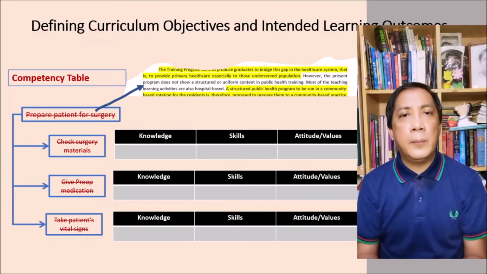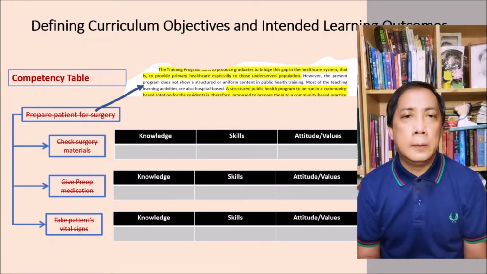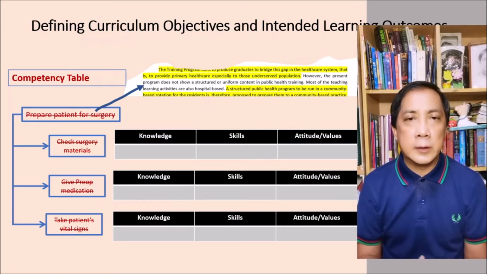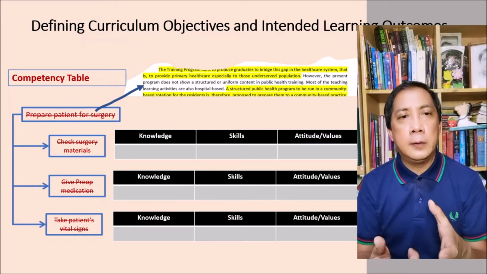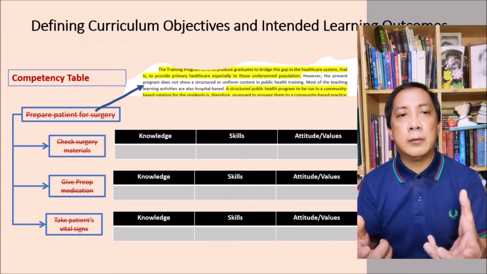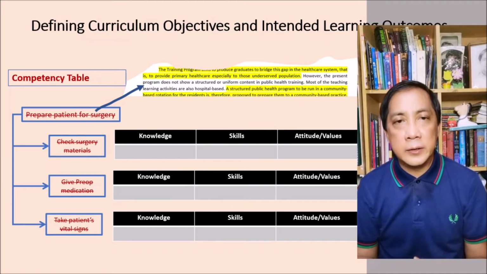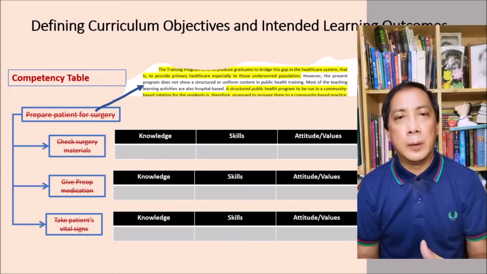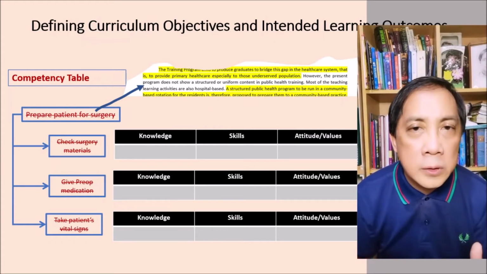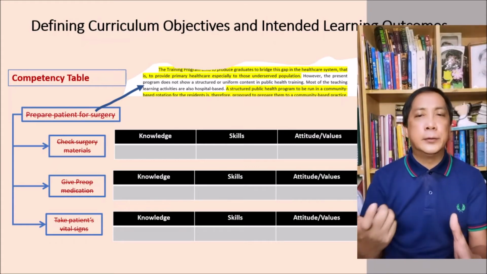Let's say, for example, in your course, in your proposal, you have here training program for interns or for internal and primary health care. So if you are to look at your statement, where is the general outcome in that statement? So you say, for example, provide primary health care, especially to those in the underserved areas.